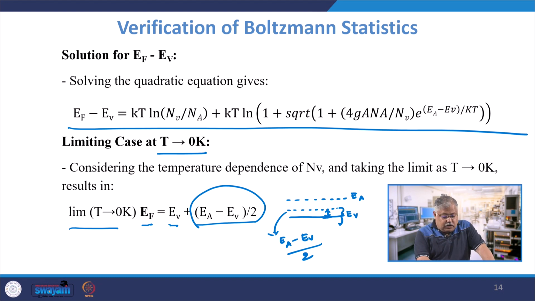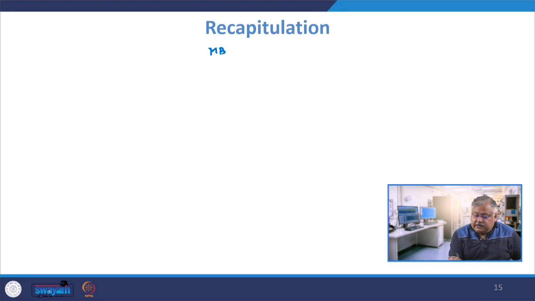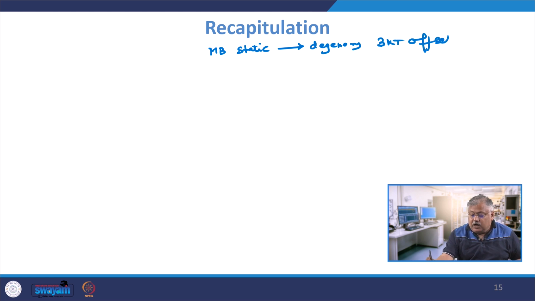So, just to recapitulate what we did in this lecture, we tried to work out the Maxwell-Boltzmann statistics. Using that, we tried to show you that degeneracy does not set in, and therefore there is a 3 kT offset even at 0 Kelvin.